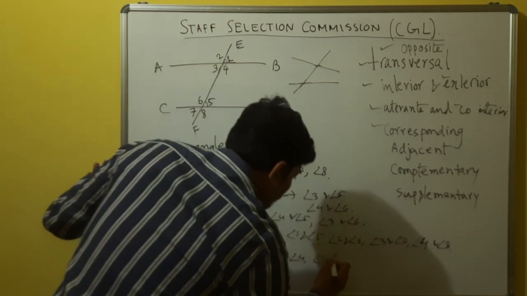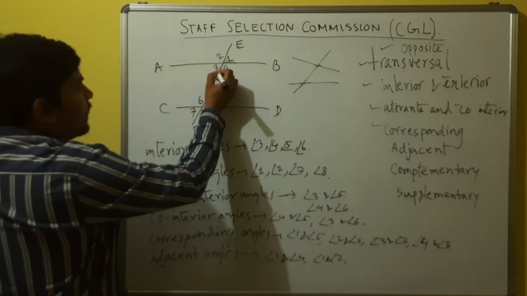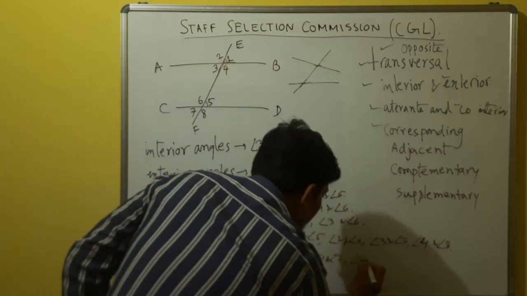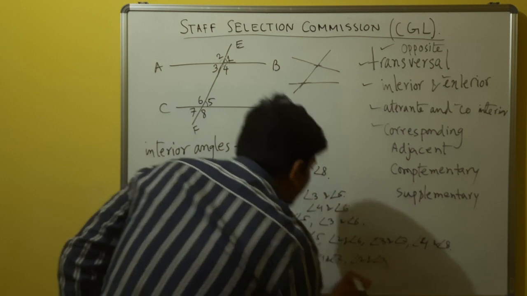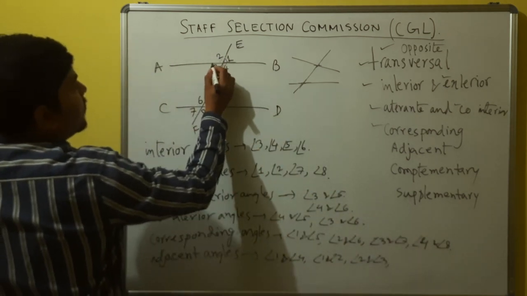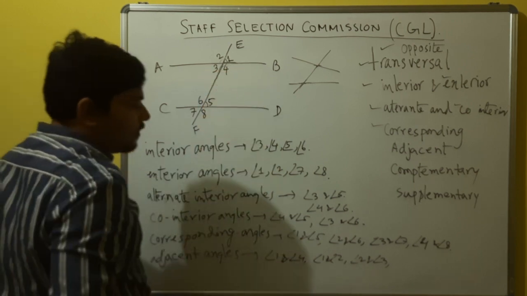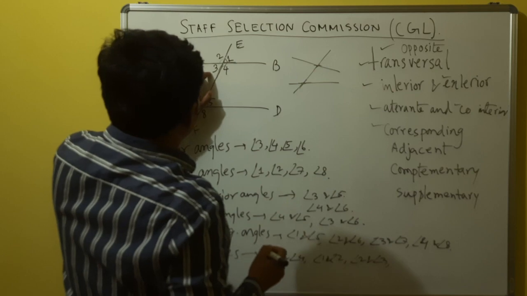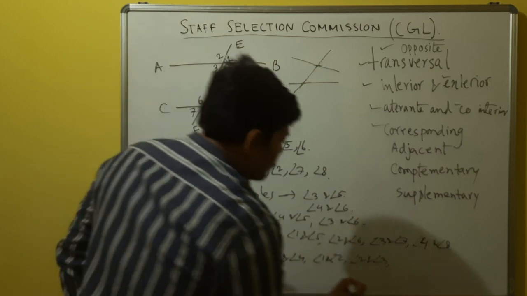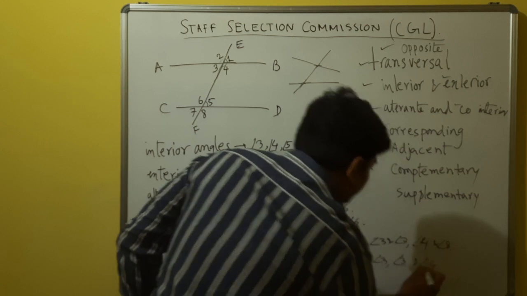Similarly, 2 and 3 are also adjacent. Similarly, 3 and 4 are also adjacent angles because they are on one line and they have a common arm.